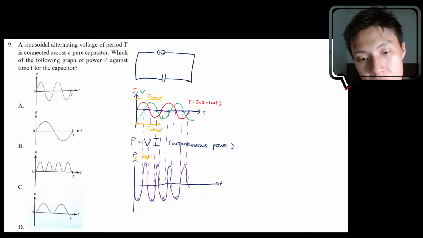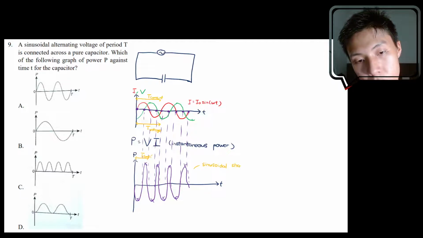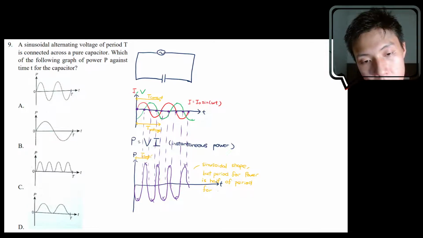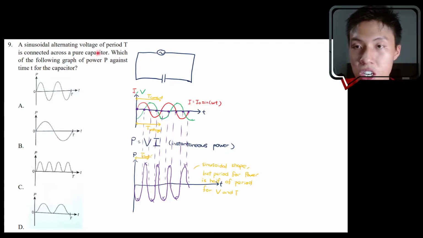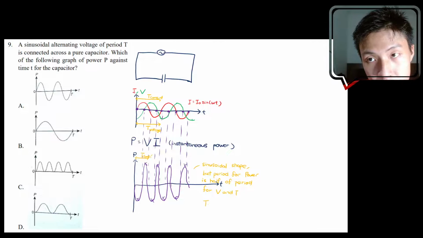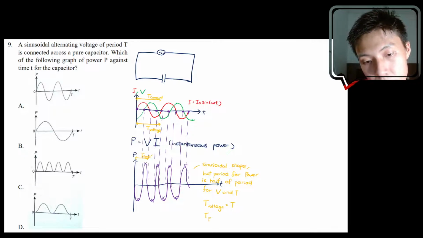Therefore, you know that even though it's a sinusoidal shape, the period for power is half of the period for V and I. That's why you should expect that if your period of voltage is equal to T, then the period for power is equal to half of T. Okay, you can see that it's half.